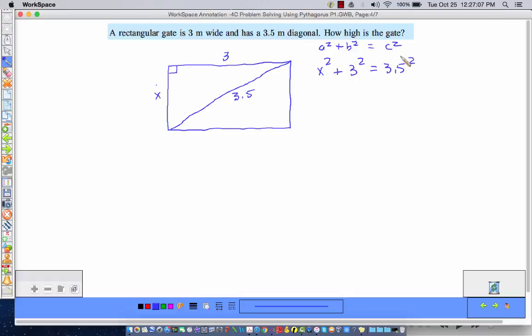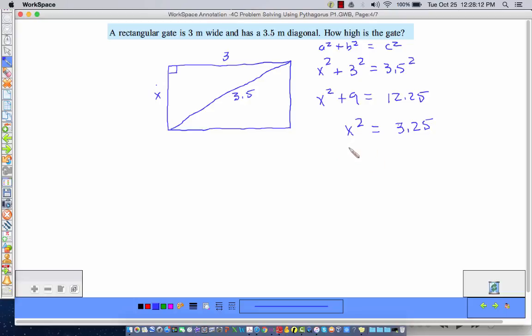Okay, so I get x squared plus 9 is equal to 12.25. And subtracting 9 from both sides, I get x squared equals 3.25. And then finding the square root of that.